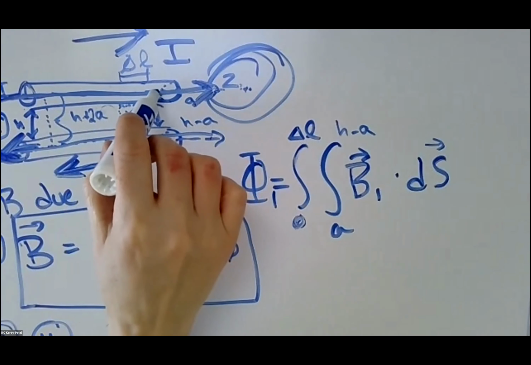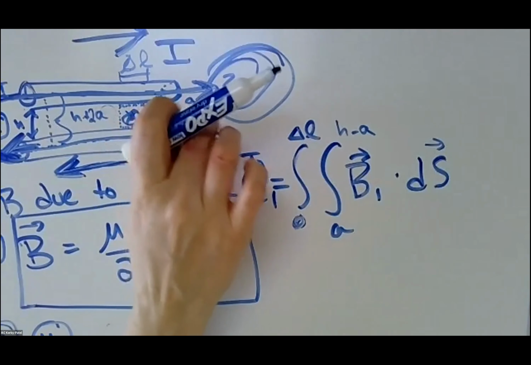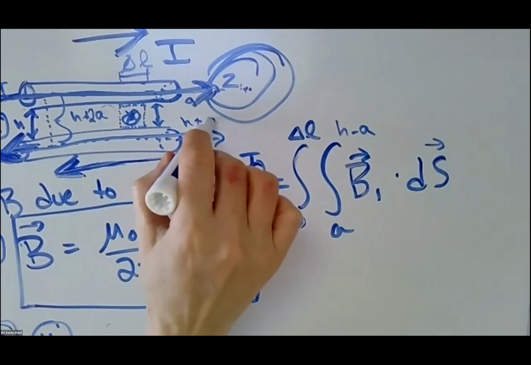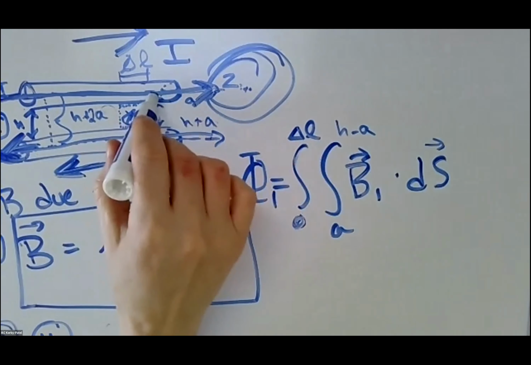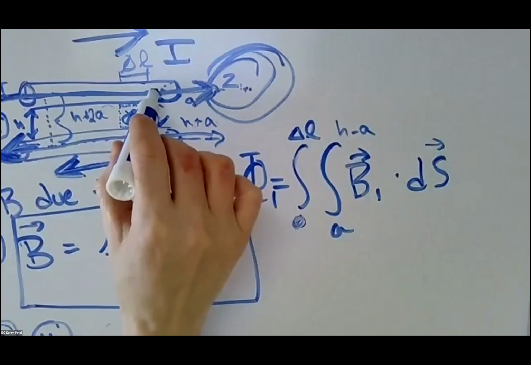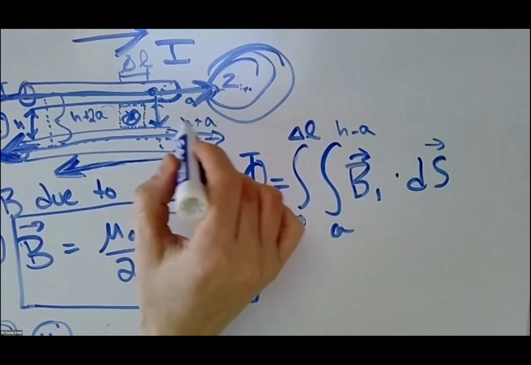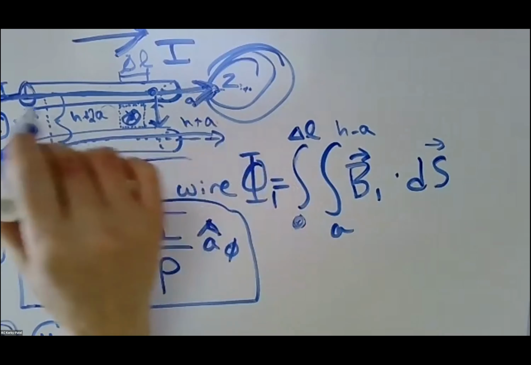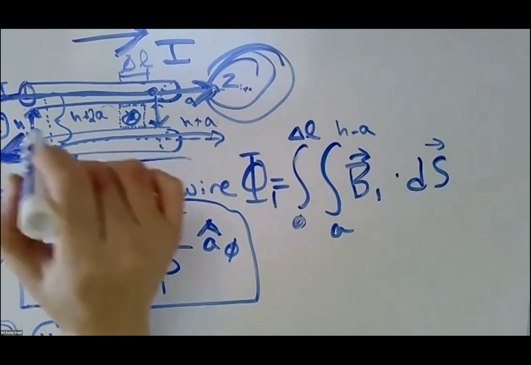And then the rho value right there becomes H plus A. It's kind of annoying. There isn't an easy way to make the distance from the center of wire 1 to the edge of wire 2 be equal to just H. So it's annoying. But what I'm trying to do is have the edge to edge distance between the wires be H.